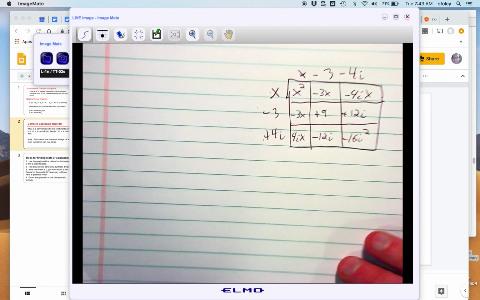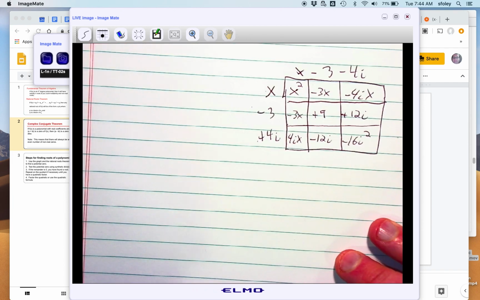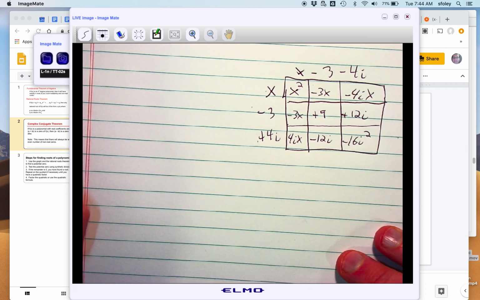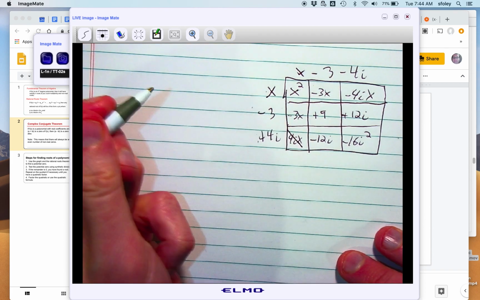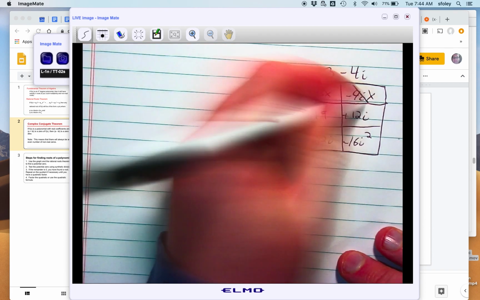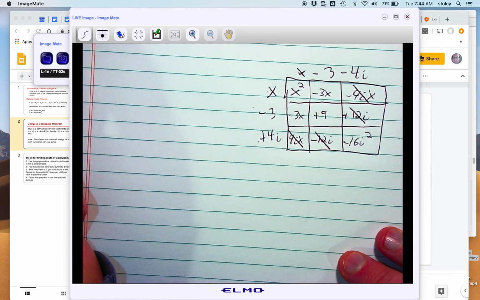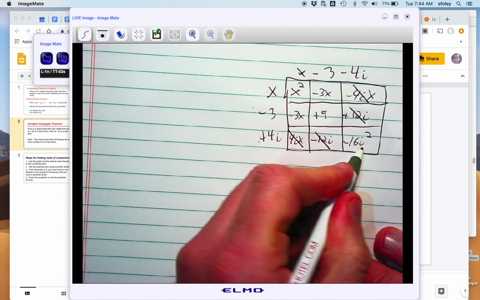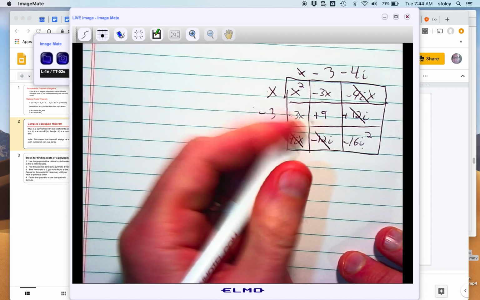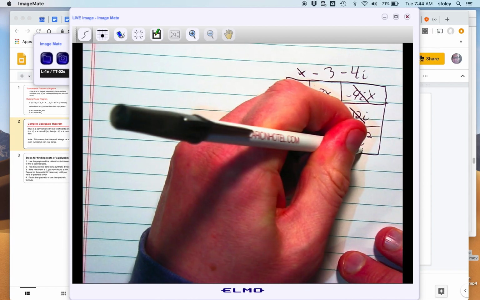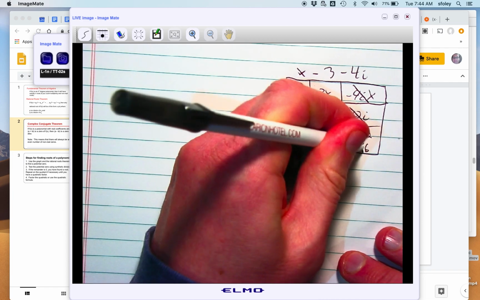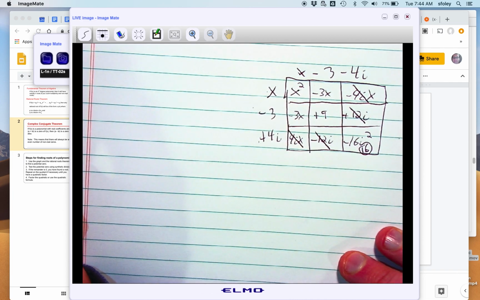Let me zoom in there a little bit. Now we're just going to clean this up. This is why we chose the conjugate, because some things are going to cancel out. So 4ix minus 4ix, minus 12i plus 12i, so all those i's nicely going away. And of course this one doesn't cancel out with anything, but my i squared is negative 1. Negative 1 times negative 16 is positive 16.